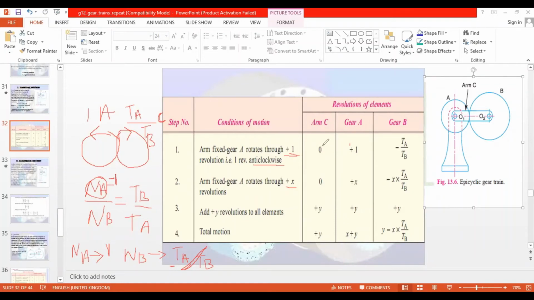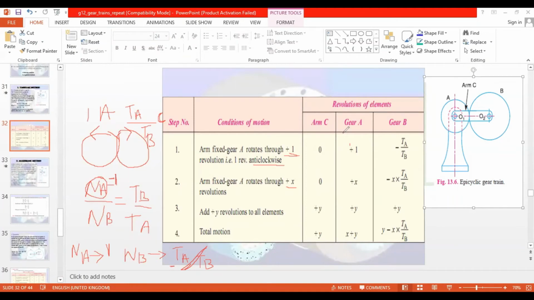Here Y plus 0 is plus Y. When the arm was not rotating, only A was rotating, that is X rotation. Now the arm is also rotating, that is Y rotation, so we add X plus Y. X is the movement of A and Y is the movement of the arm. On gear B, if the arm is not rotating, I had minus X into TA by TB, because this is the opposite direction.